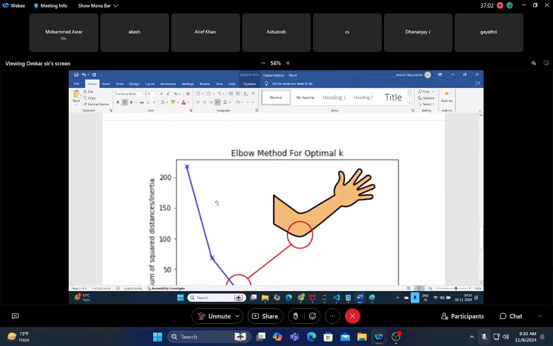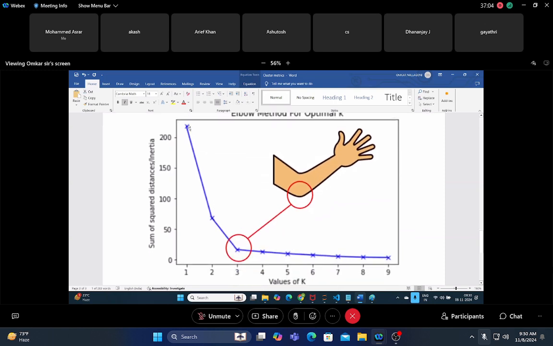For K equal to 1 the value is 200, for K equal to 2 suppose 175. As clusters are increased, the value does not change much. So that is the elbow method.